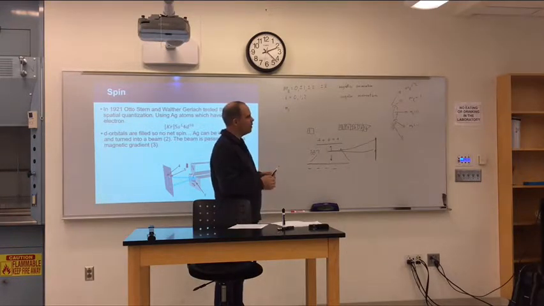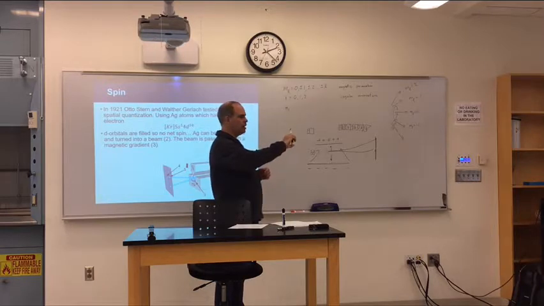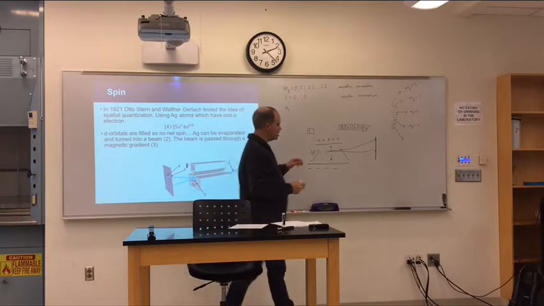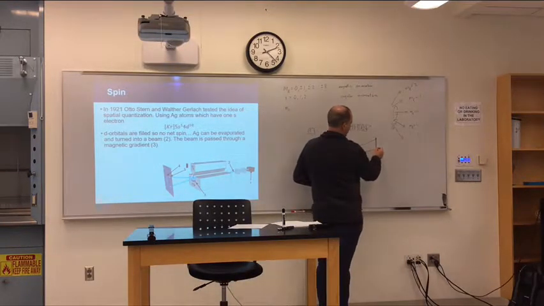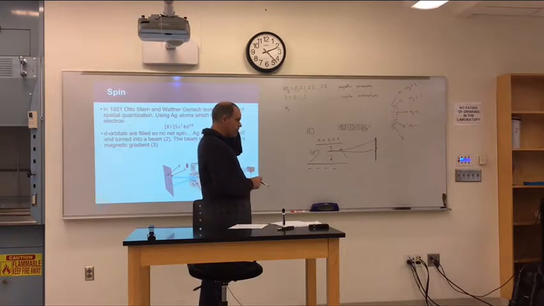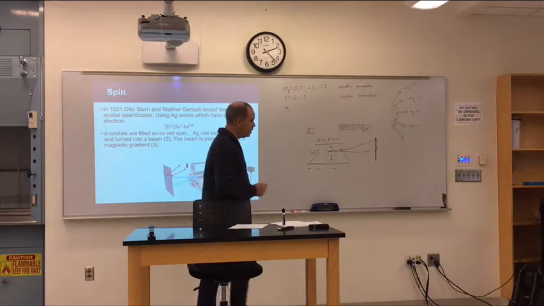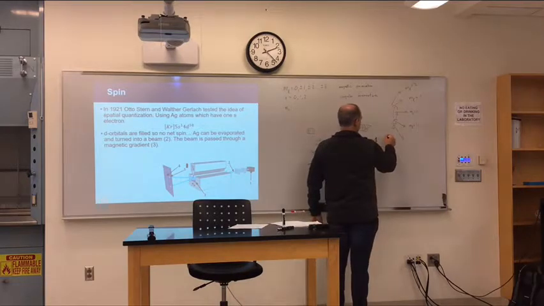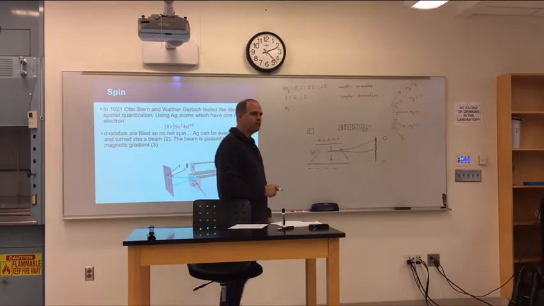So if we don't have quantized angular momentum, then it can come in at any particular angle, in which case if it comes in at one angle, it might end up here, or here, or here, and so you'd end up with a whole bunch occupying a lot of different space. What we end up seeing is a bright spot there, nothing in between.